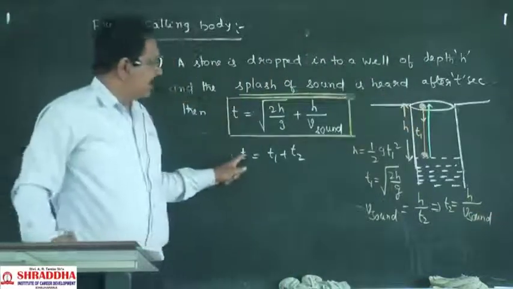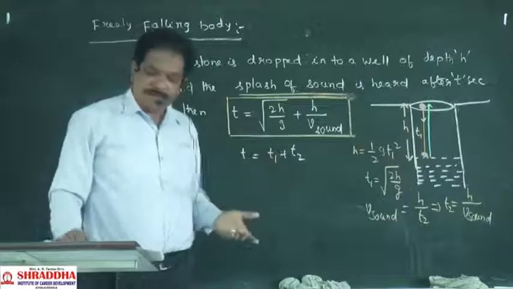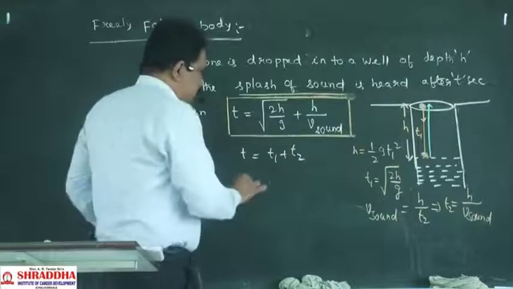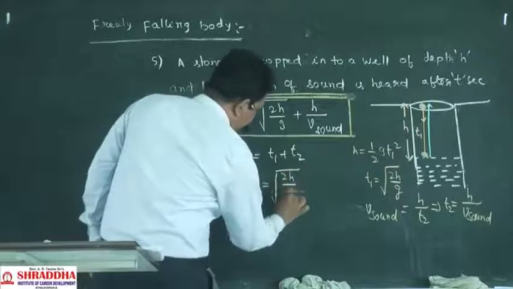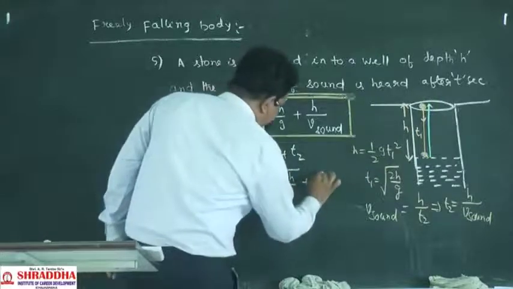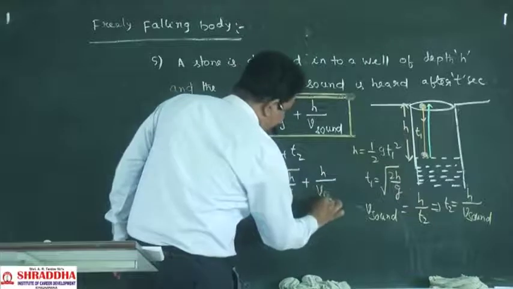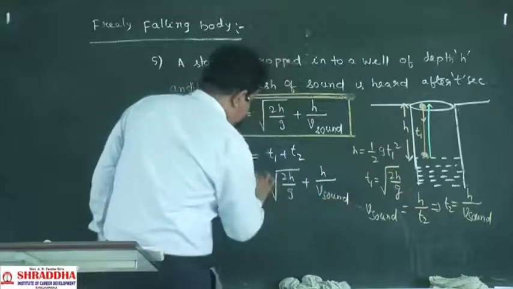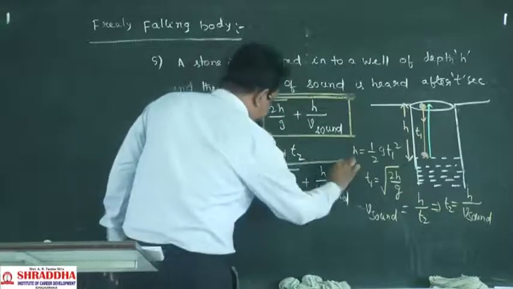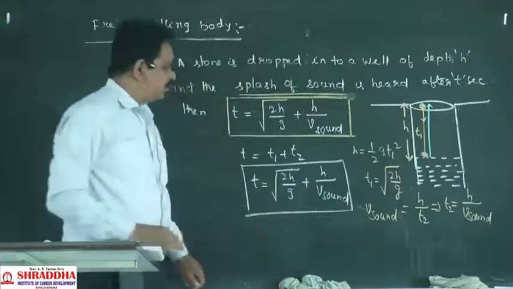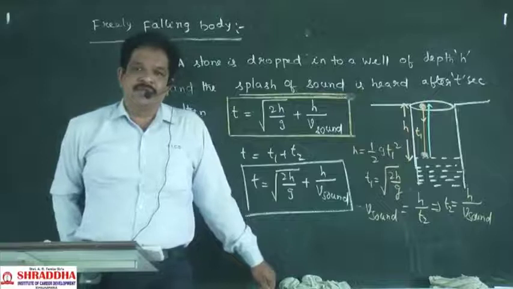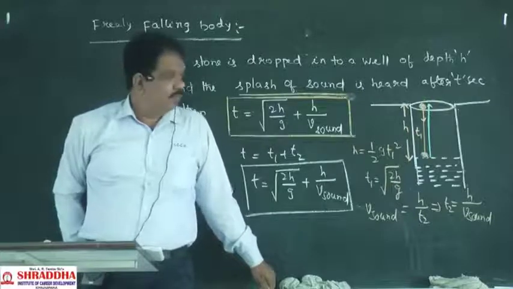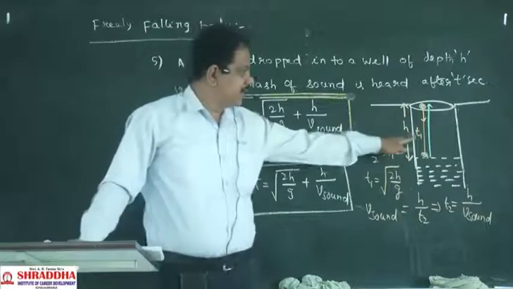So total time is equal to T1 plus T2, which is root 2h by g plus h by V sound. T is equal to root 2h by g plus h by V sound. This formula we have to consider in this case.